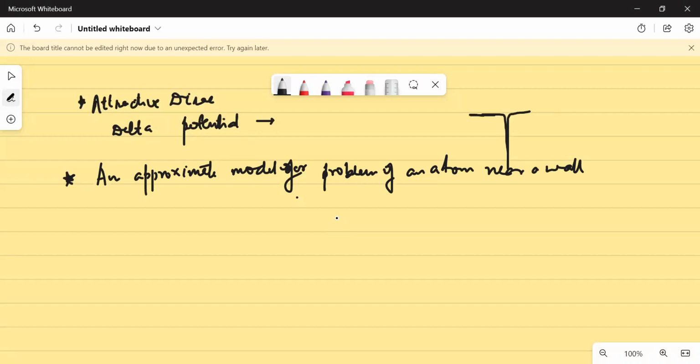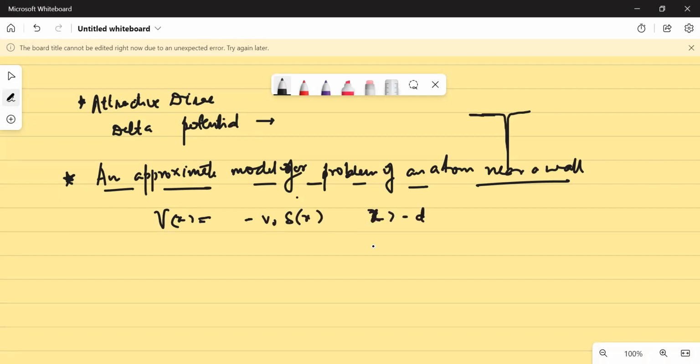This problem is represented by a potential given as V(x) equals minus V naught Dirac delta of x for all x greater than minus d, and for all x less than minus d, it is infinite.